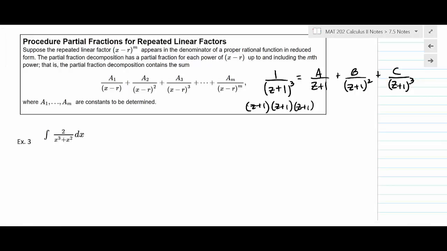And you could have combinations in these problems of some simple linear factors and some repeated linear factors, so they have to be set up like that. If that was a higher power, like a 10th power, it would just go on forever with that pattern. You're going to encounter that sometimes as you're putting together these problems.